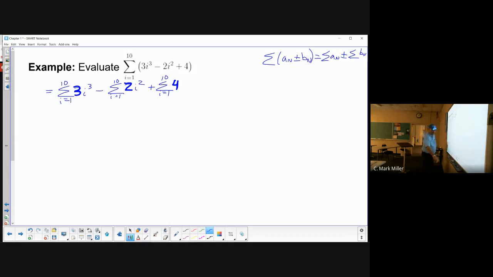So this is going to be 3 times the sum i equals 1 to 10 of i cubed. We have a formula for that. You see, we didn't have a formula for this business up here. Minus 2 times the sum i equals 1 to 10 of i squared. We have a formula for that. Plus 4 times the sum i equals 1 to 10 of 1. And we have a formula for that.